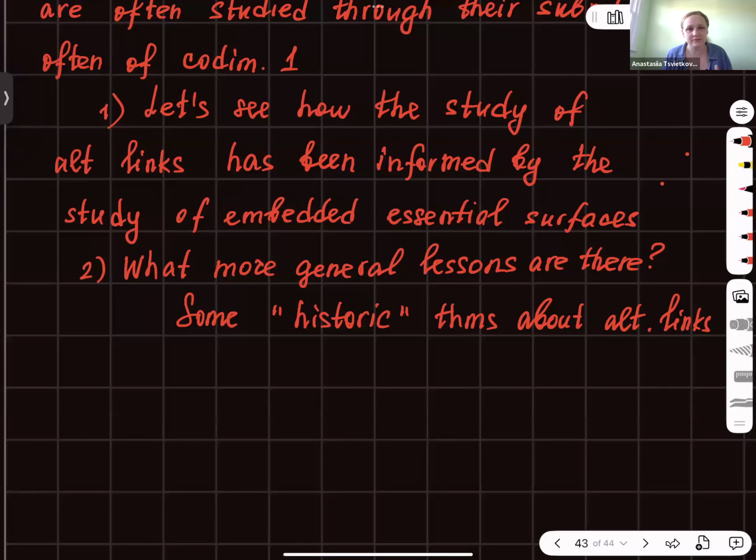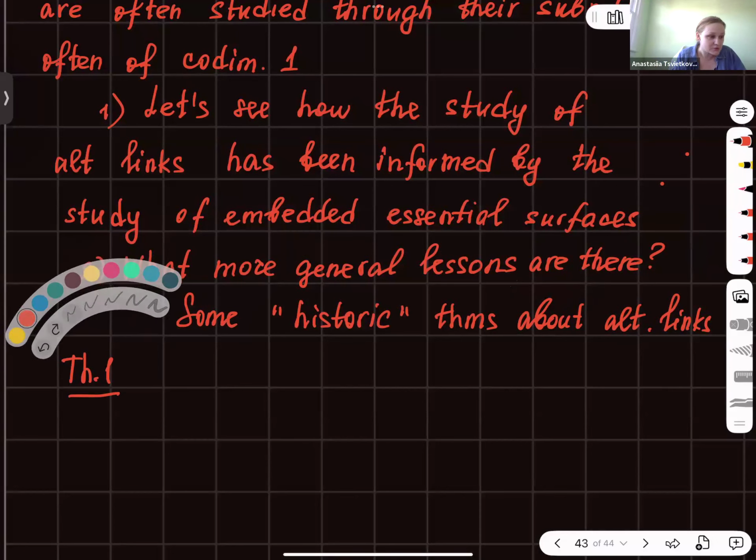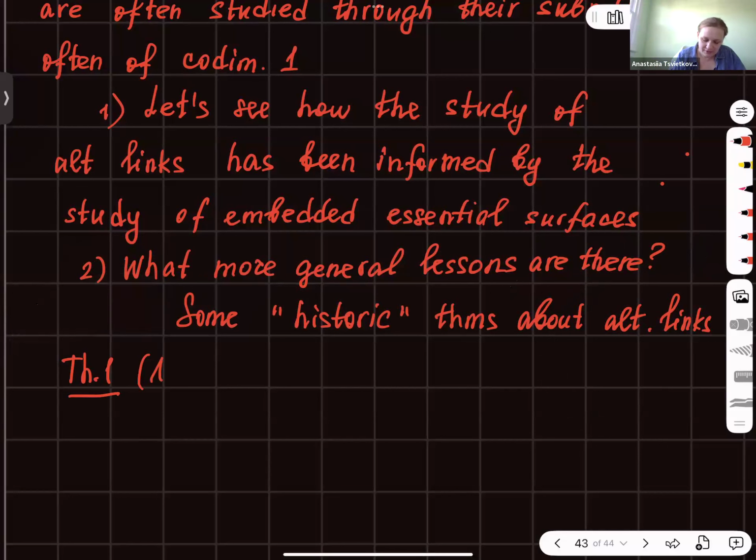To me it feels like almost a breakthrough was made maybe in the 80s, 90s in the study of alternating links. And this perhaps started with Menasco's work. Menasco, in '82, proved that a non-split alternating link with a prime diagram is prime.